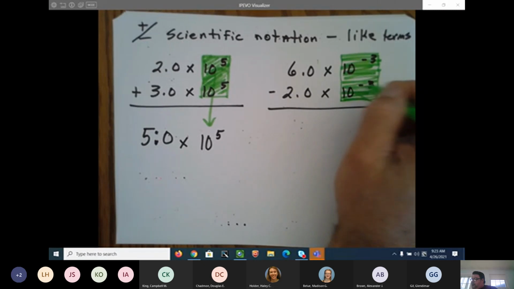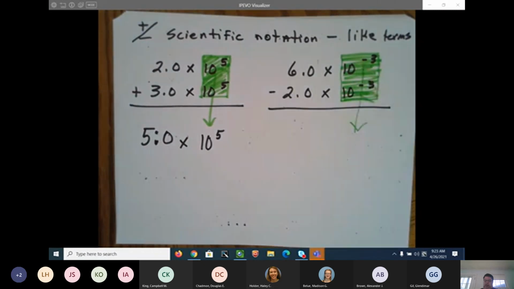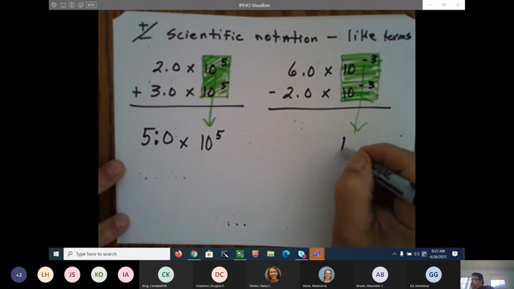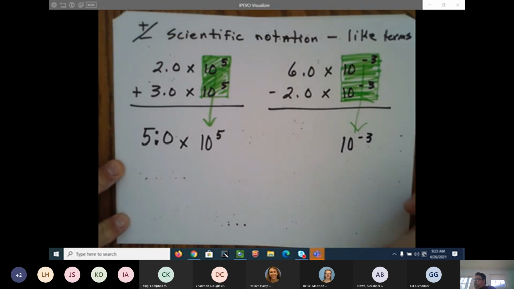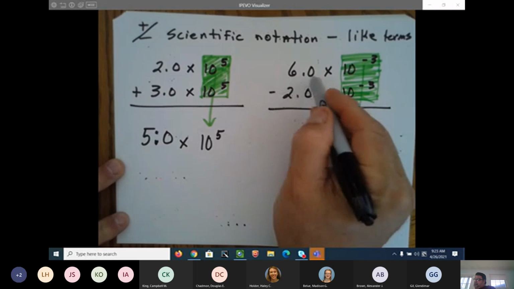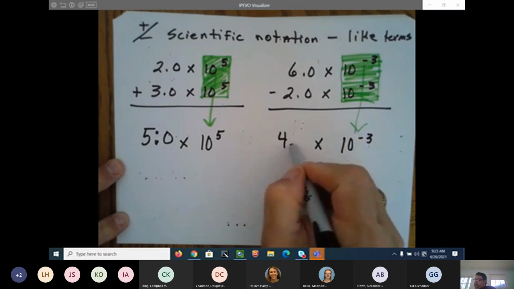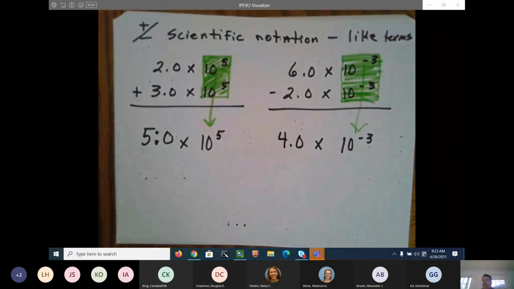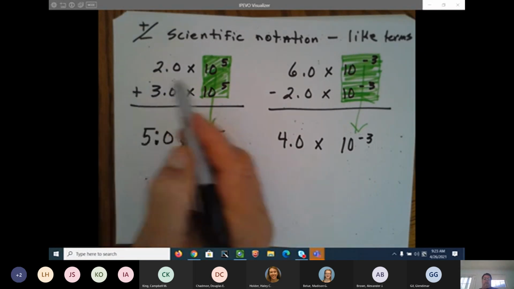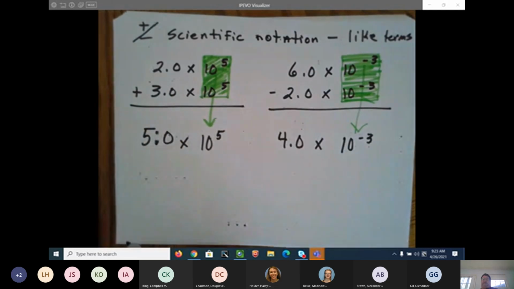Like terms means you just bring them down. And 6 minus 2 is 4. I guarantee you there's somebody out there that's never seen how you add or subtract scientific notation.